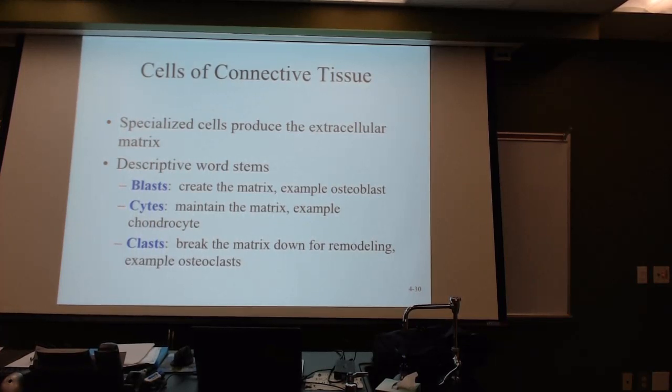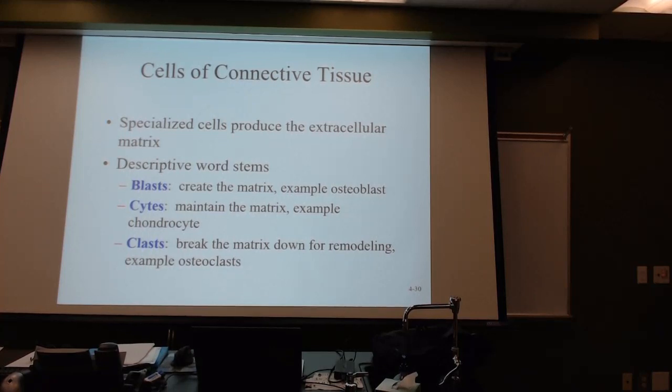So, a blast will be that immature cell, which will help give rise to the mature cell, which is the cyte, the CYTE. For example, they're giving chondrocyte. But if we continue with osteo, we also have an osteocyte, which would be the mature cell.